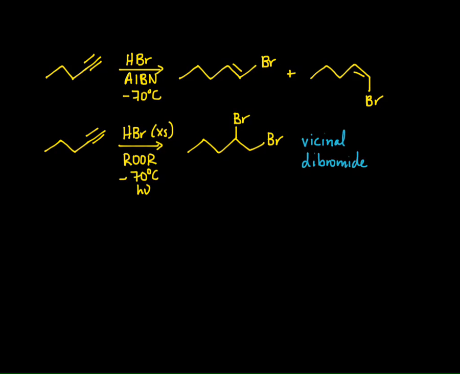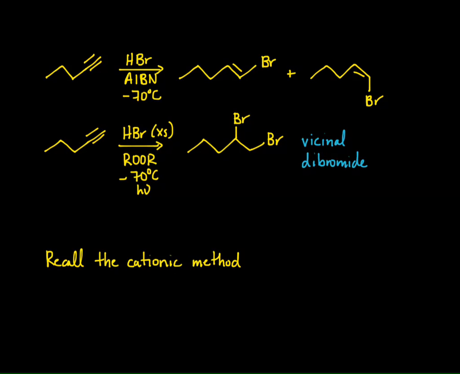The reason for this is because upon bromination, that first instance, where you get the products above, there is still a pi bond available that can react with the bromine radical and form its own radical. And that radical is stabilized by the bromine that's already on there, and therefore that's why you get this vicinal dibromide. And we'll talk about this later on.